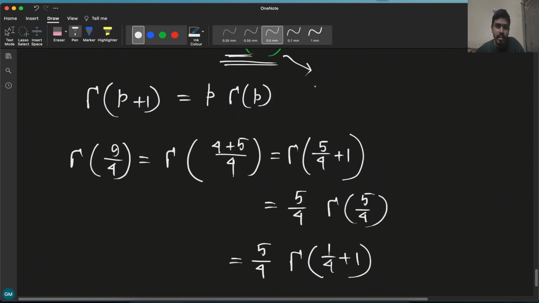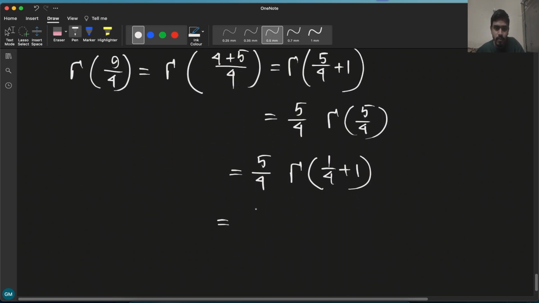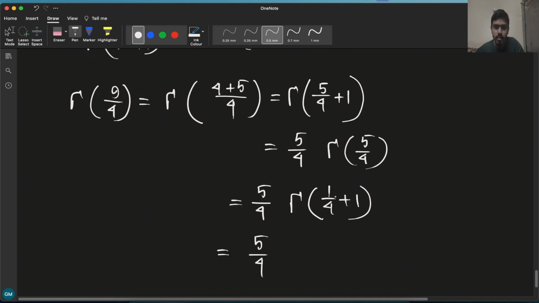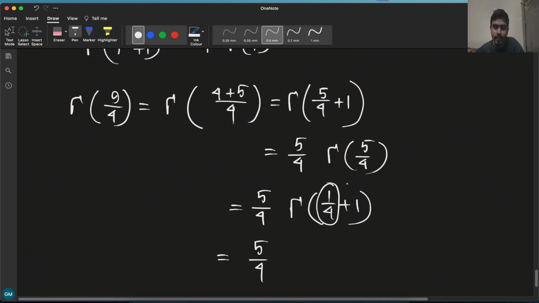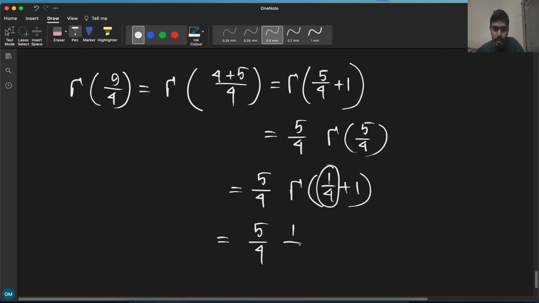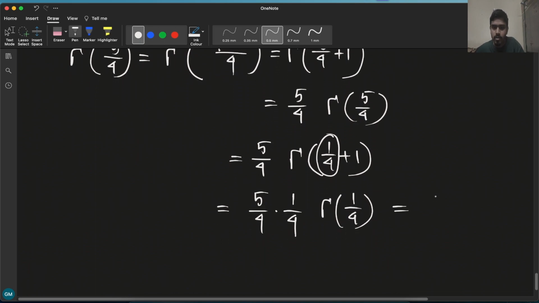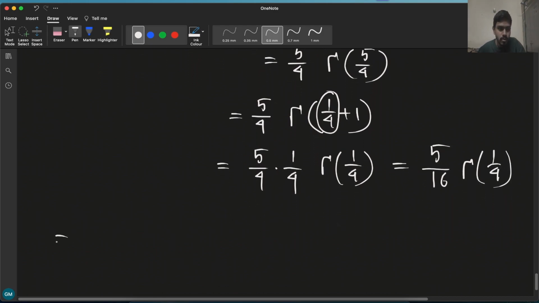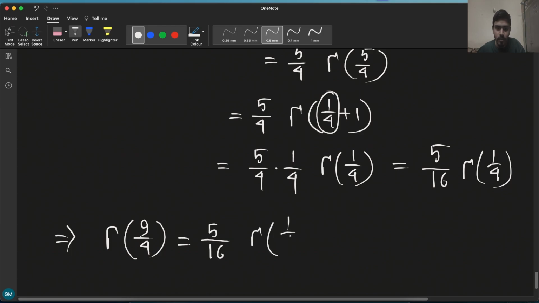And then if I follow this recurrence relation, so now this is P, it will be 1 by 4 times gamma P, that is 1 by 4. It is 5 by 16 times gamma 1 by 4. So what we got is gamma 9 by 4 equals 5 by 16 times gamma 1 by 4.